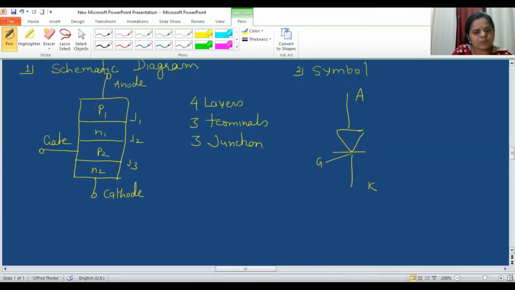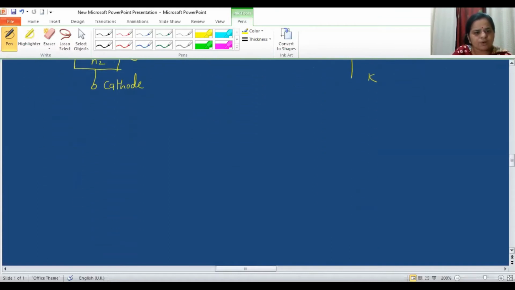Now I will explain its operation. Just to brief, I can explain its working by 3 operating modes.